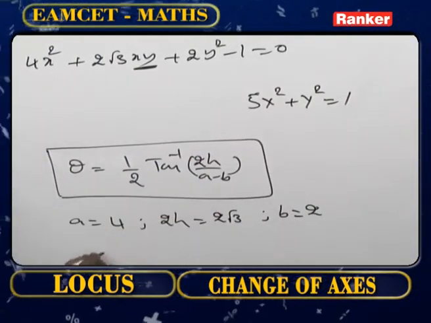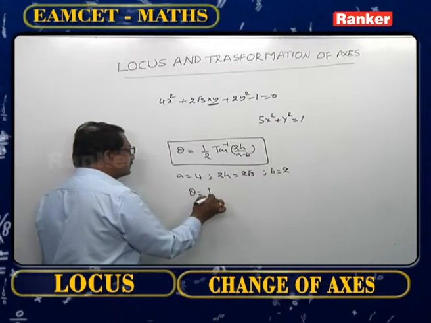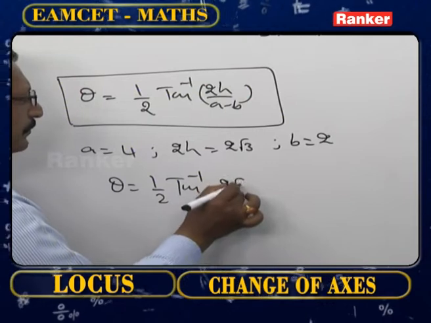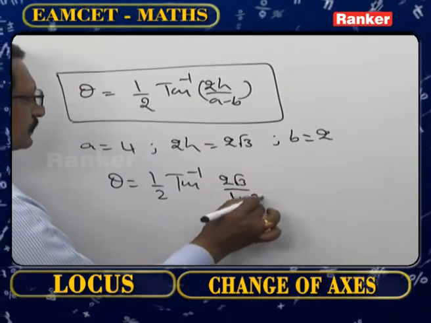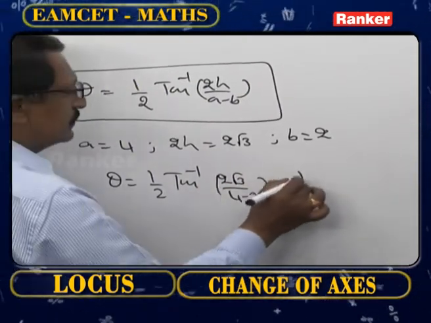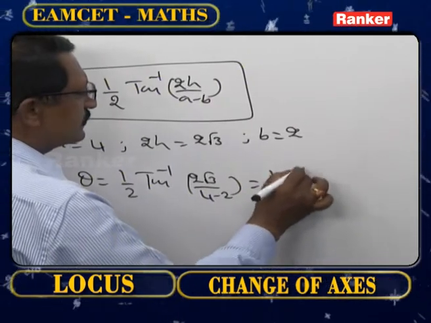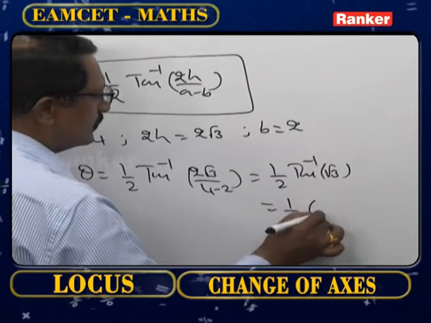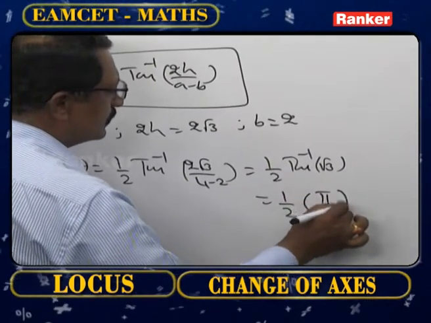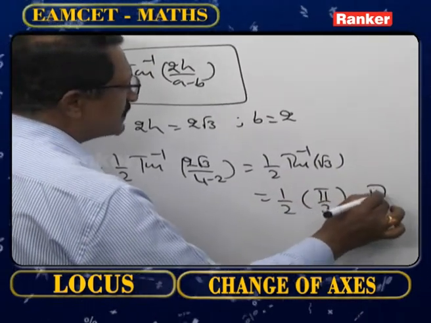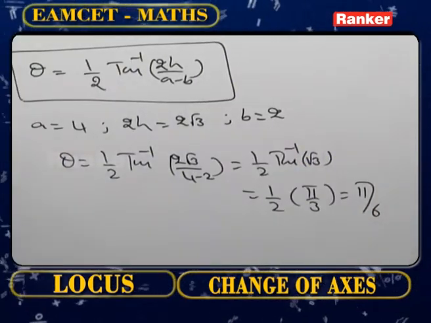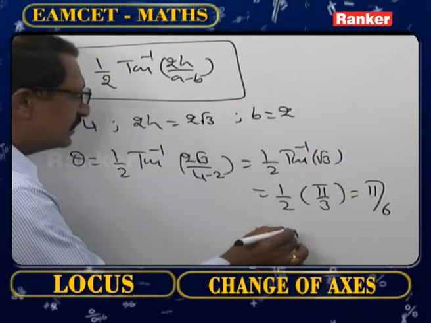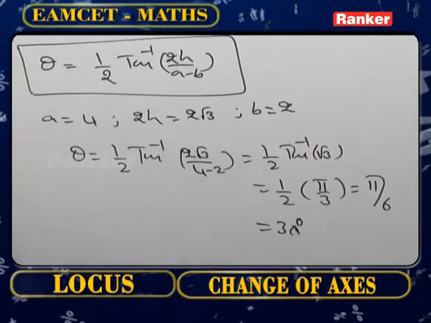Substituting in the formula, we get theta equals half into tan inverse of 2 root 3 by (4 minus 2), that equals half into tan inverse root 3. But tan inverse root 3 is pi by 3, so half into pi by 3 is pi by 6, or 30 degrees. The option is the second option.